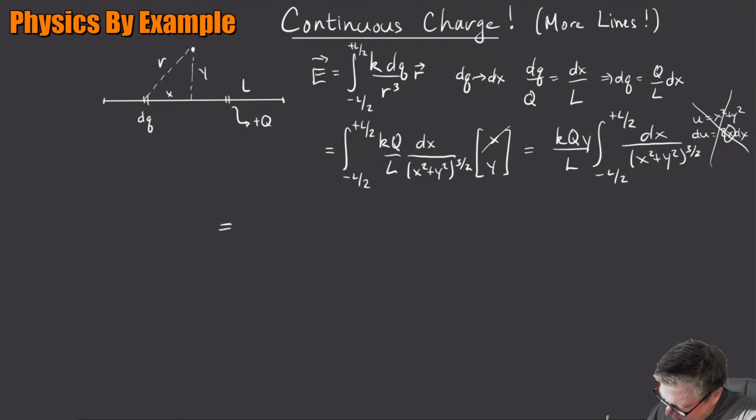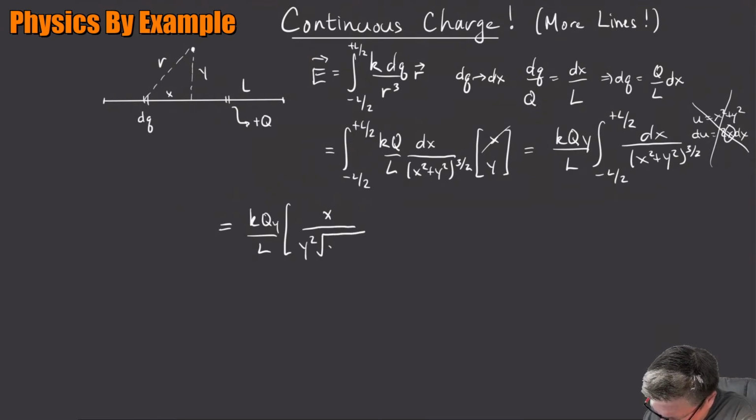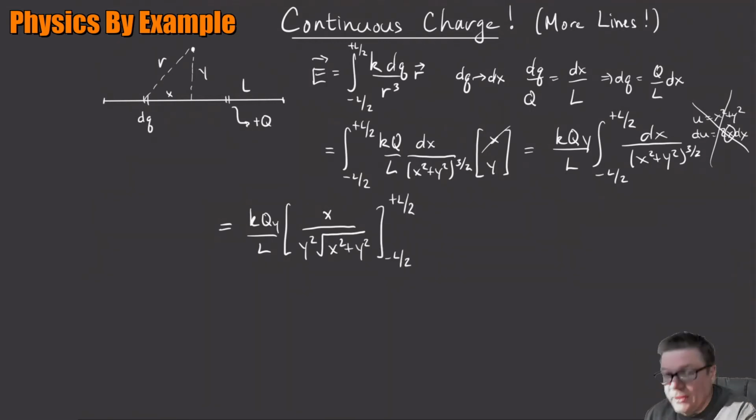So this is going to be, I got my k, q, y over L. And this integral turns out to be, let's see, it looks like it's x over y squared times the square root of x squared plus y squared, from minus L over 2 to plus L over 2.